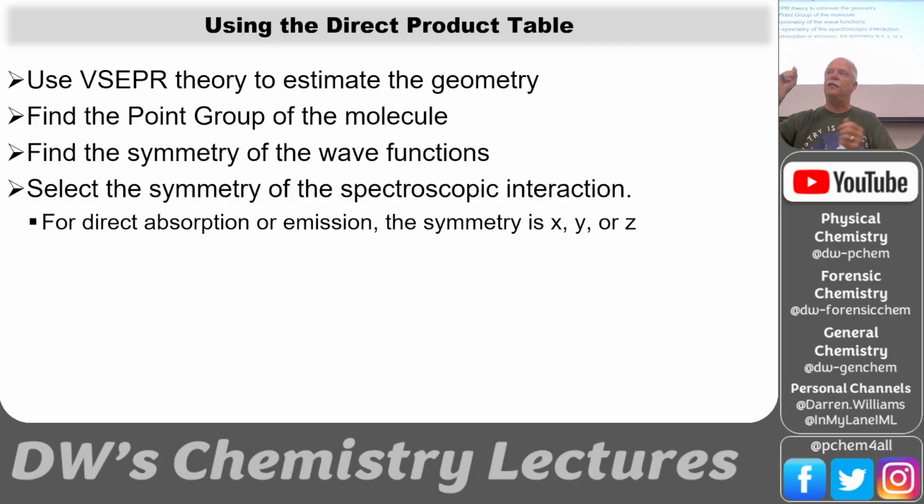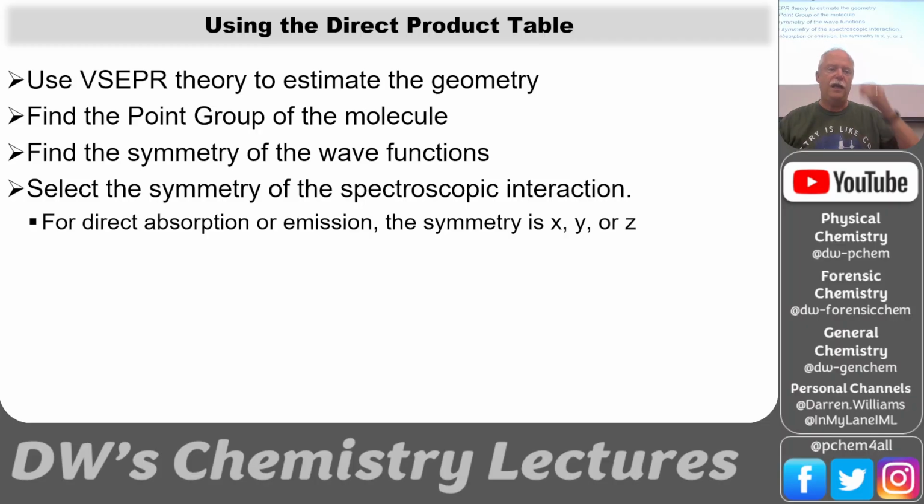So a single photon is absorbed, or a single photon is emitted. And so we just use x, y, or z to represent the polarization of that light. So the oscillating dipole moment can be plane polarized along the z-axis, or along the y-axis, or along the x-axis, or vice versa if I got those screwed up.